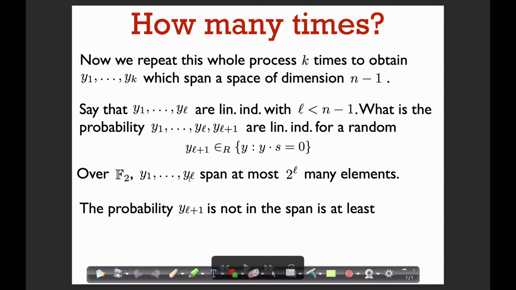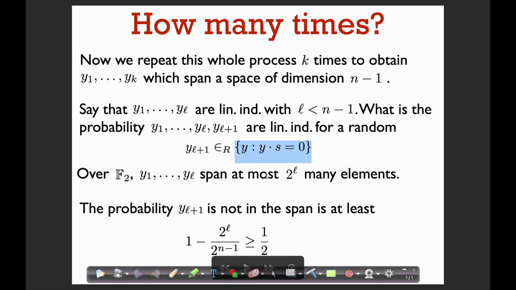So the probability that yl plus 1 is not in the span is at least the probability that yl plus 1 is not in this subset of 2 to the l many elements. Since we're choosing y at random from a set of size 2 to the n minus 1, the probability that yl plus 1 is not in an arbitrary set of size 2 to the l is at least this.